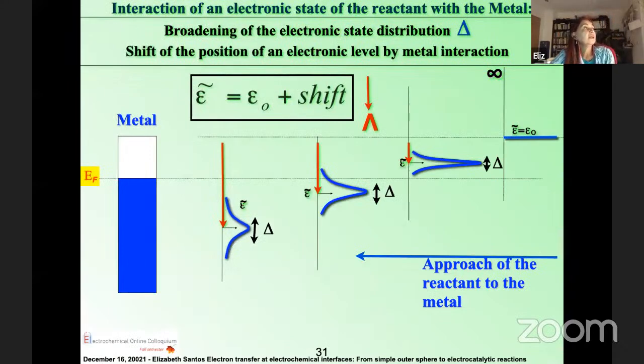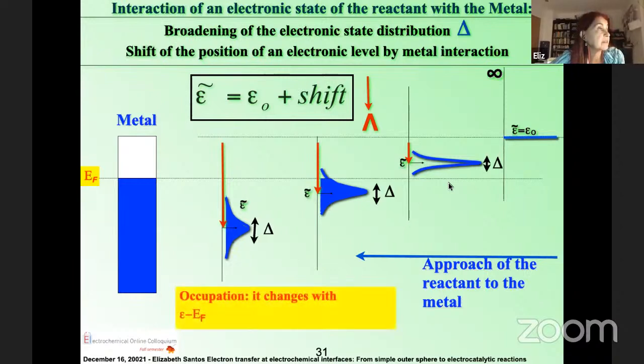If we have this broadening of the electronic state of our system, obviously, when we approach the metal, the interactions are larger and the broadening is larger. Also, there could be a shift of the position of the center of these electronic levels, and that makes a change in the occupation of these orbitals.